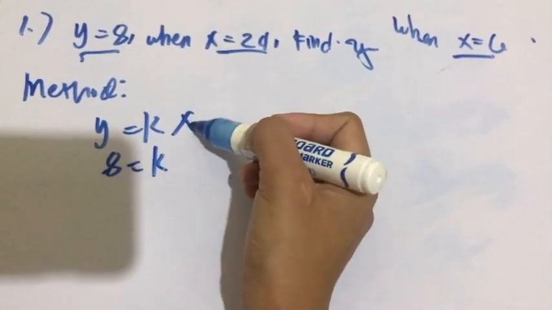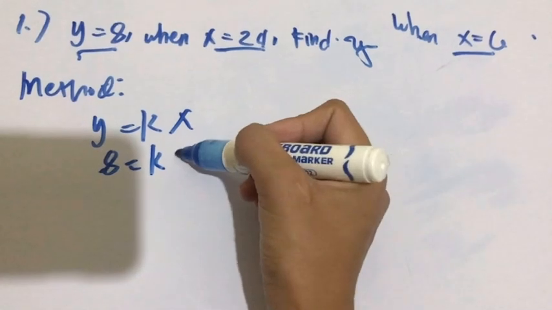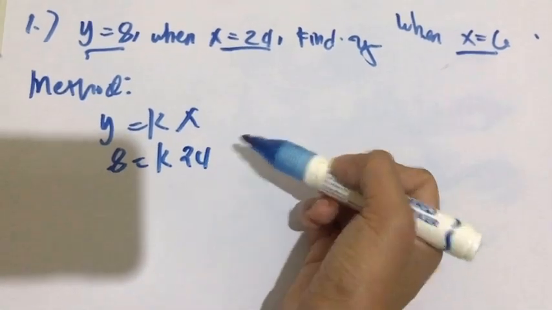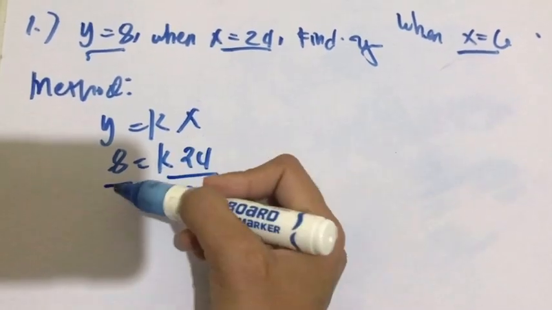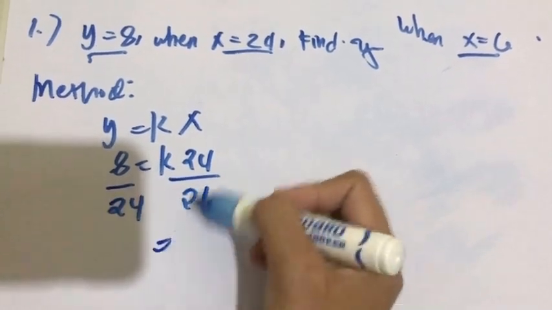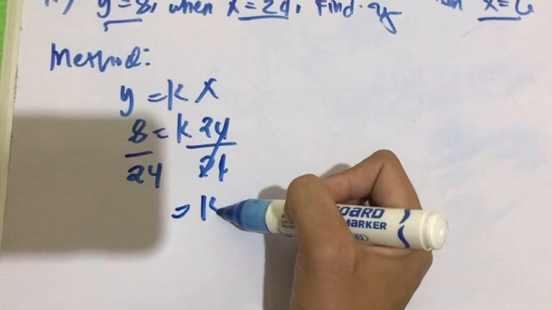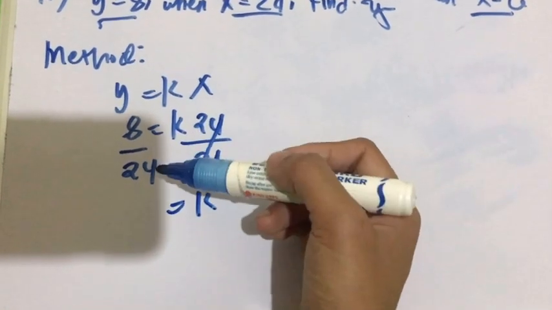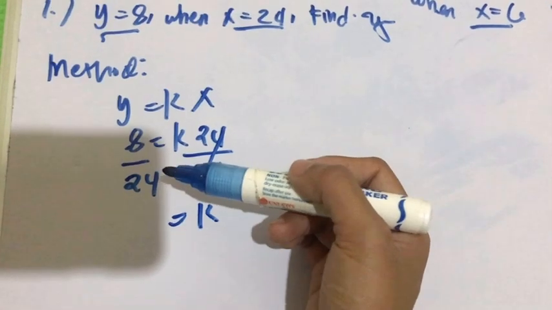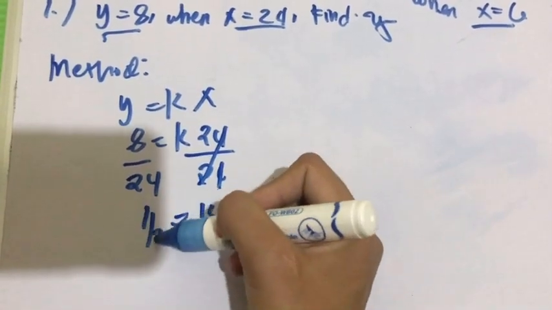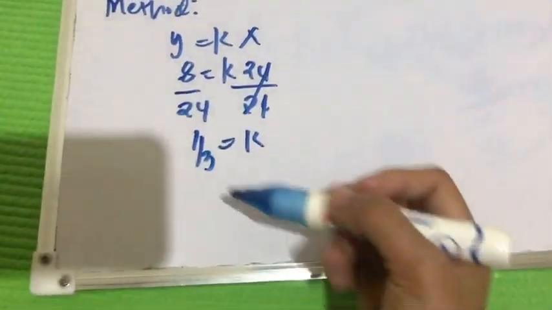We have here k, and the first value of our x is 24. Now we manipulate this. We divide both sides by 24, and this gives us k equals 8 over 24. We divide both the numerator and the denominator by 8. We get 1/3.